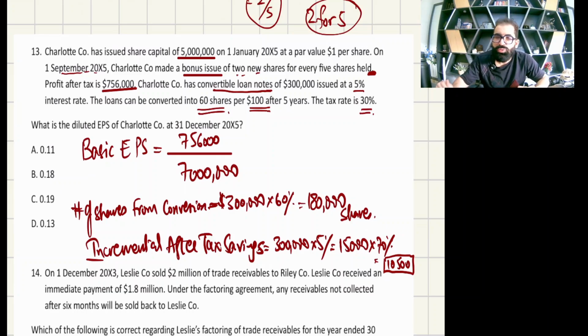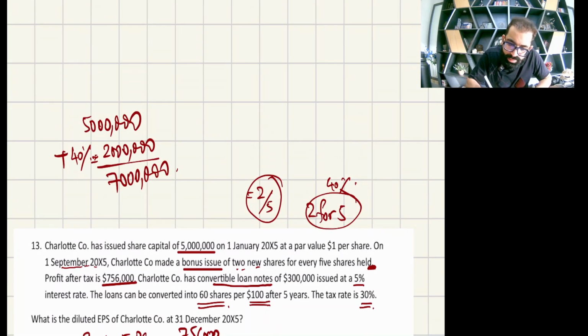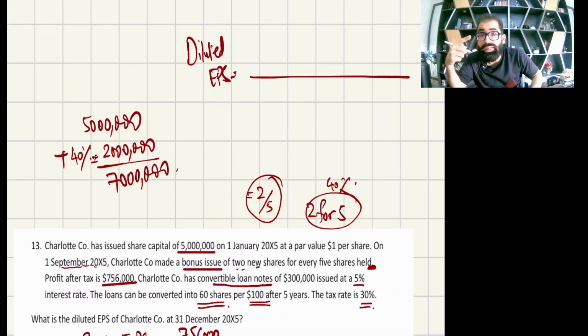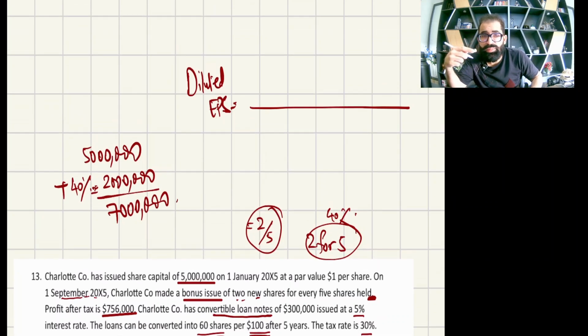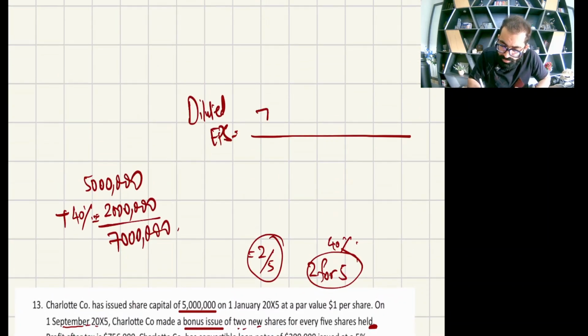Okay, right? So you have calculated the two important things: number one, the number of shares from conversion, and the second, incremental after tax saving. Now let's do diluted EPS. If you remember my lectures and have done them properly, diluted EPS is always calculated in continuation of basic EPS. So the basic EPS fraction is divided by 7 million shares.